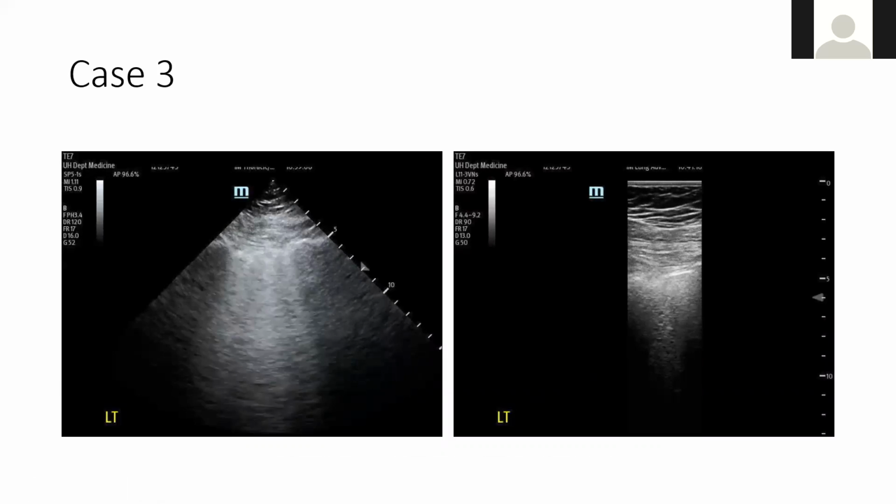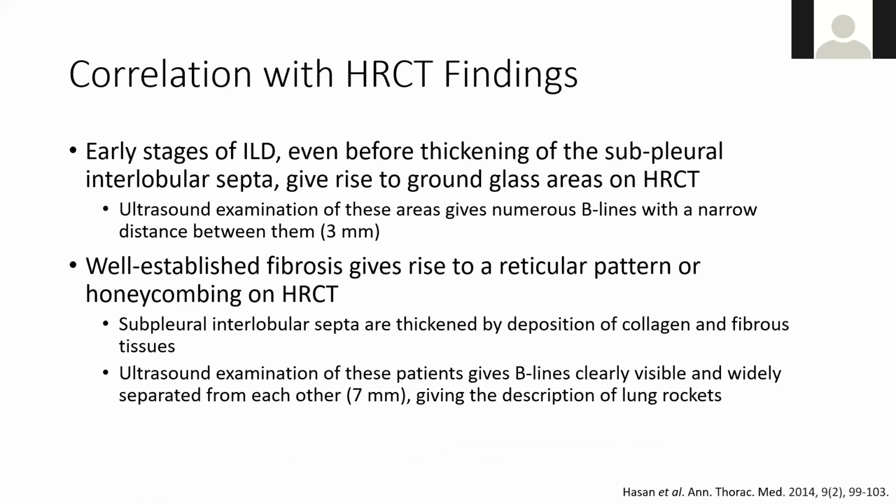So what I would like to spend a bit of time on right now is talking about how ultrasound for ILD can correlate with CT findings. In early stages of ILD, even before thickening of the subpleural interlobular septa, you can have ground glass changes seen on your high-resolution CT thorax.